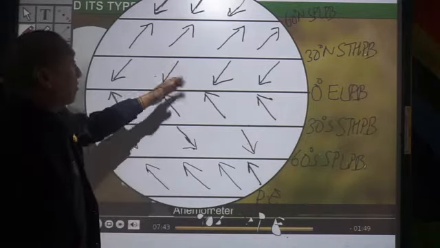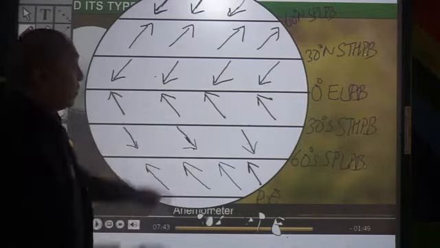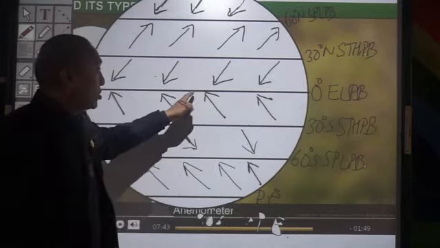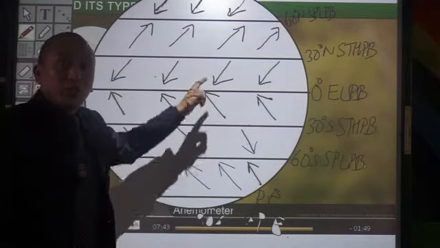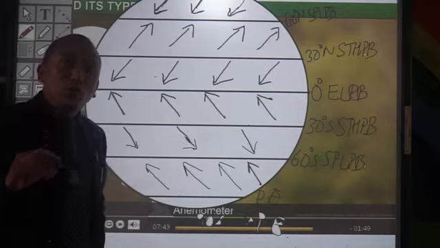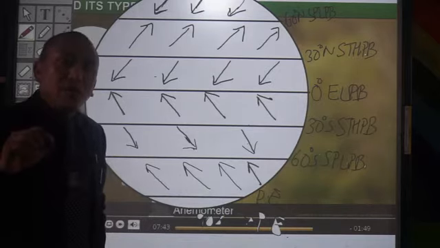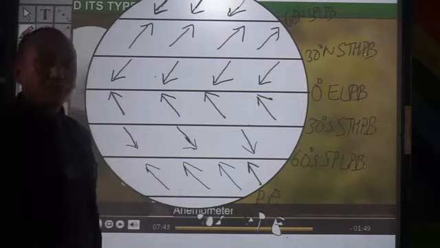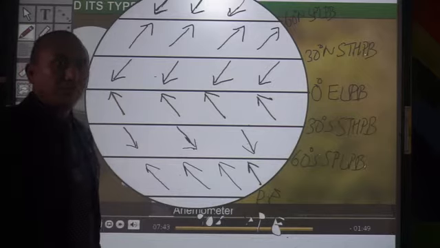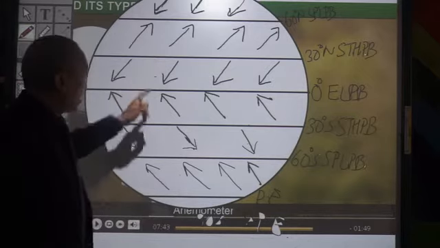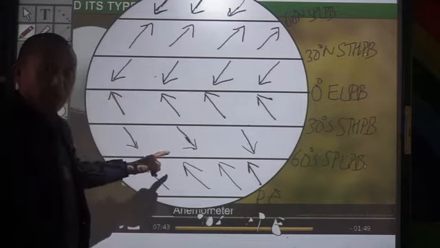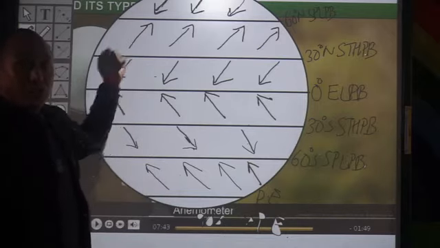That is how we have the winds constantly blowing from 30 degrees north and south towards the equator, which is called the trade winds. They will not change.